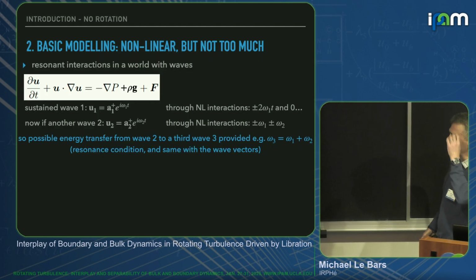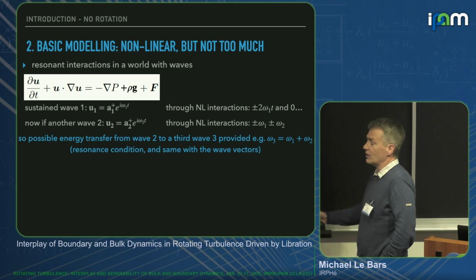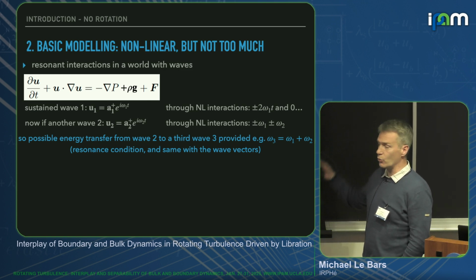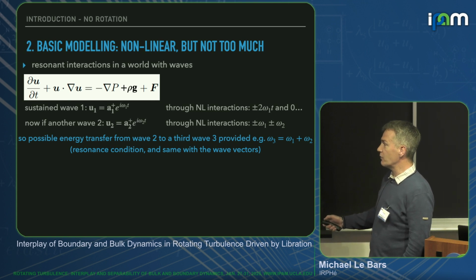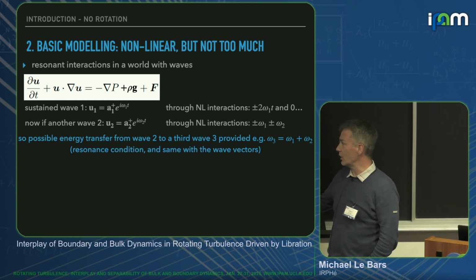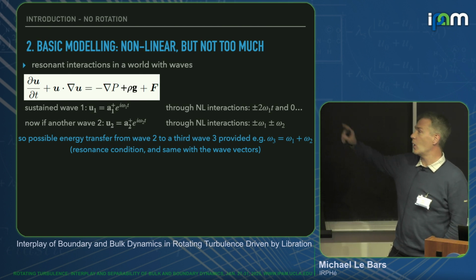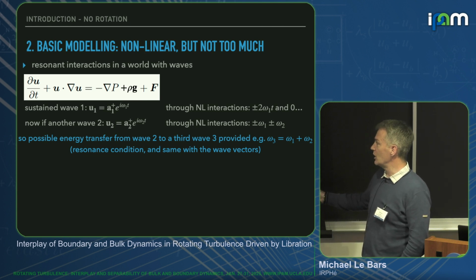So very schematically, how do you write this in theory? If you take the Navier-Stokes equation in a world with waves, so for instance, with gravity to have surface waves here, and you imagine that you have something sustaining one wave with one given frequency, then through the nonlinear term, if you only consider this frequency, you will produce twice this frequency, so all the harmonics, but you might also produce some mean flow.